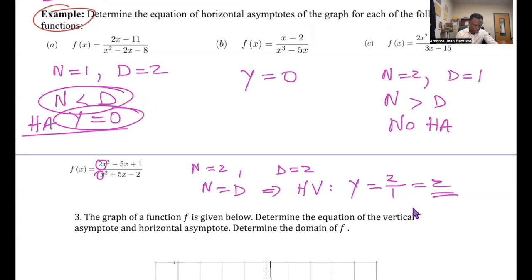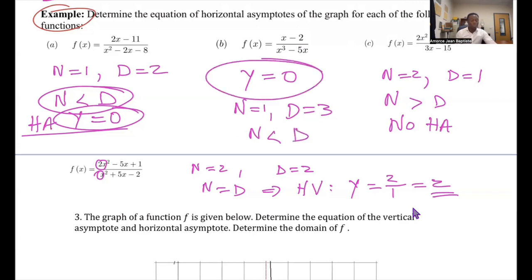So that's why this one, n equals 1, and d equals 3, n less than d. That's why y equals 0 is the equation of the horizontal asymptote.